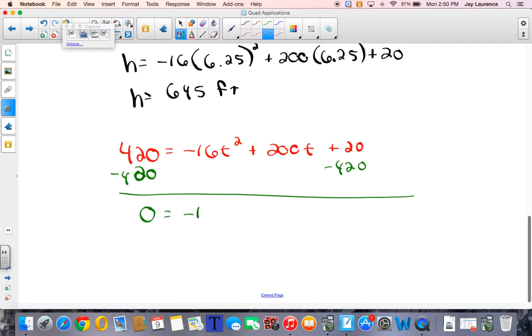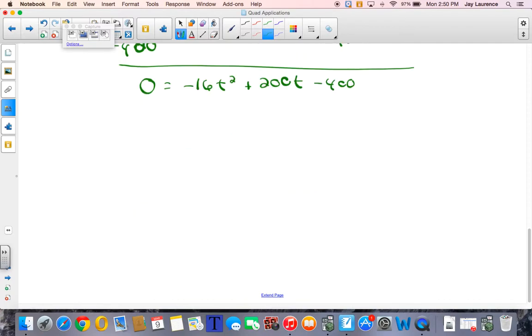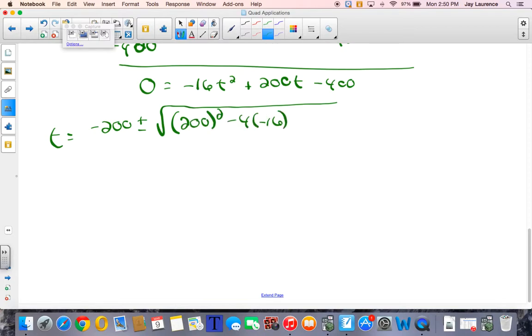I'll get 0 equals negative 16t squared plus 200t minus 400. And I can find the discriminant, but I'm pretty sure there's going to be 2 answers. So I'm going to go ahead and go right to the quadratic formula. So negative 200 plus or minus the square root of 200 squared minus 4ac, and that's all going to be over 2a, which is negative 32.